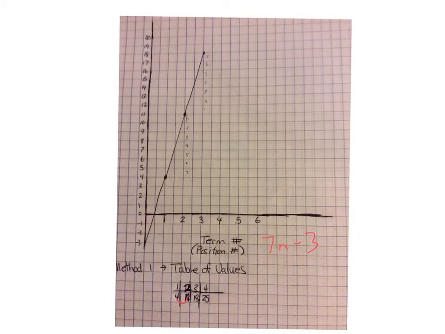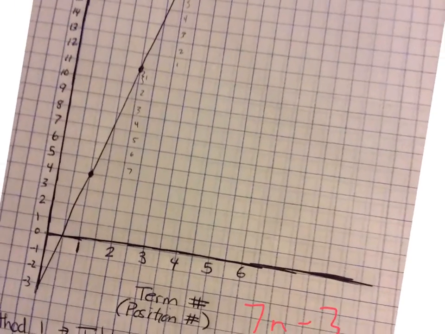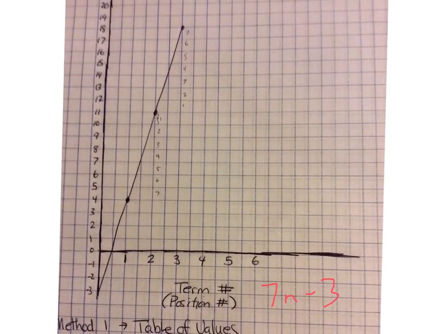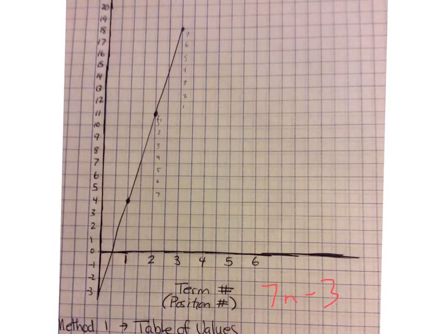So let's make one more little pattern right on here so you can see. I'm going to use one that's a little bit more straightforward, like the one in question 4. In question 4, our pattern is 9, 14, 19, and 24. Now, there are 2 ways we can go about it. The first is to just turn this into a table of values. 1, 2, 3, 4.